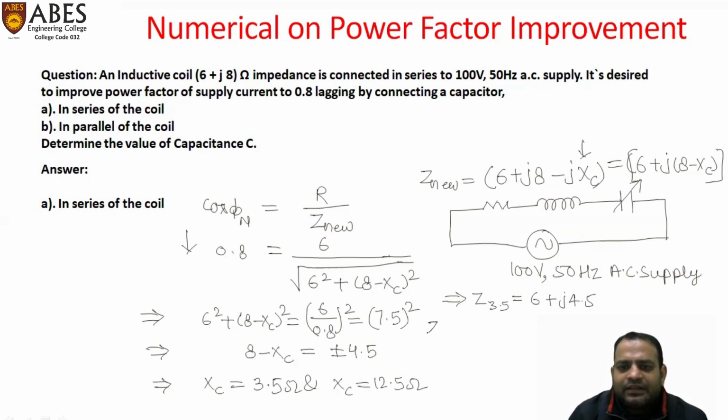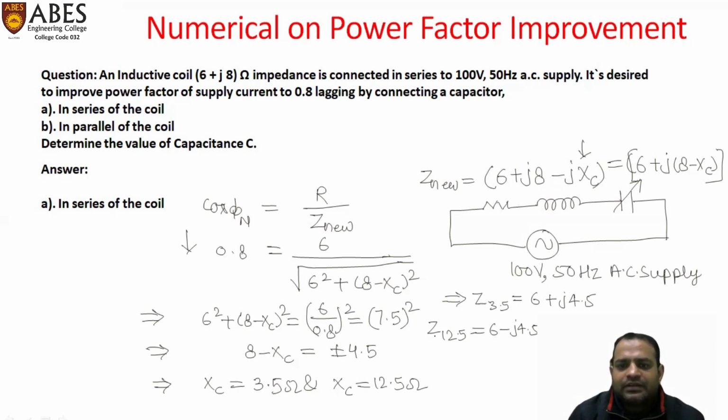When we take 12.5, the value would be 6 minus j4.5. So with 3.5, the impedance is still lagging, but in case of 12.5, the impedance and the power factor would be leading.